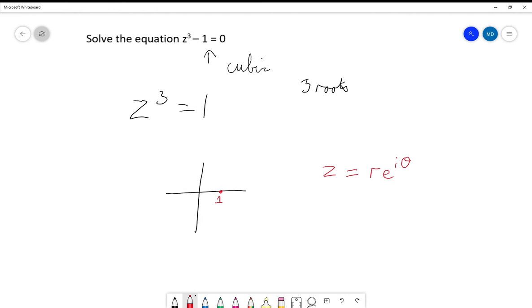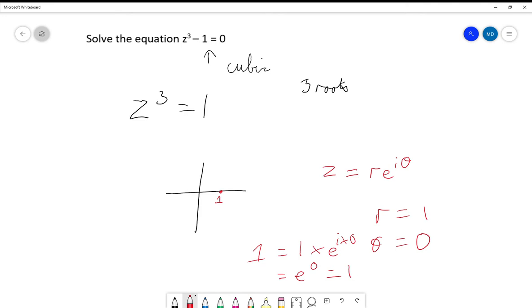In this case, when we're dealing with 1, r equals 1 and theta equals 0. So we can write 1 as equal to 1 times e to the i times 0. Which shouldn't be a surprise because that's e to the 0, which is of course 1.